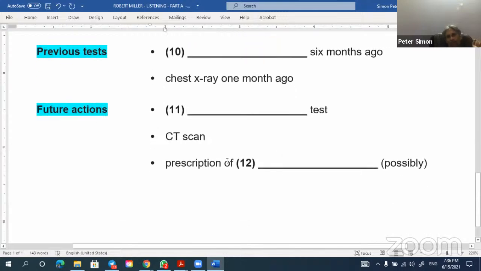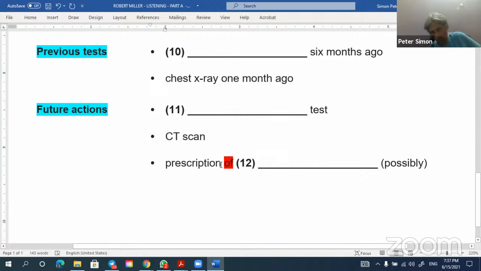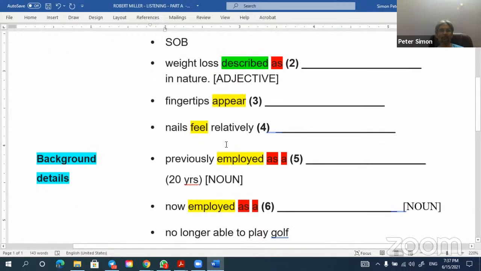"Of" is again a preposition. So there, be careful. I'm giving you red color intentionally. These are the dangerous words. But if you take care of them, they are of great help to you. Remember that.